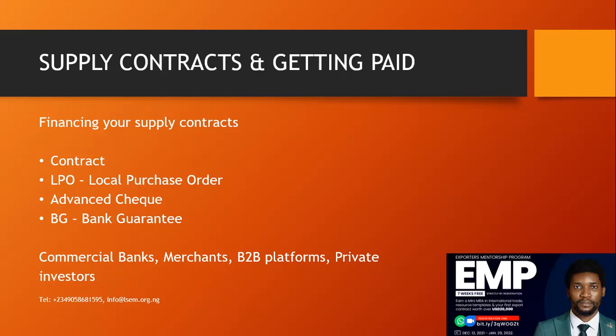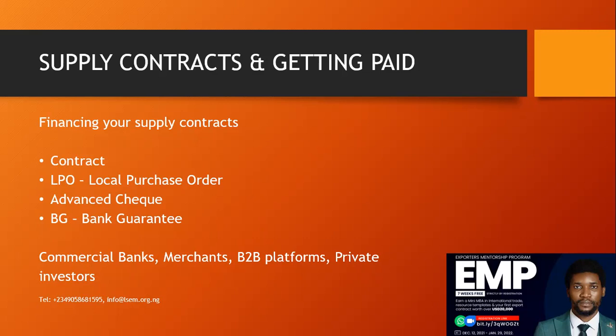So you can also collect an advance check instead of just relying on the local purchase order alone, because once you have this company who wants you to supply them, you make sure that there's a written contract between both of you. The written contract will be different from the local purchase order. So you have the local purchase order, so you can request for an advance check.